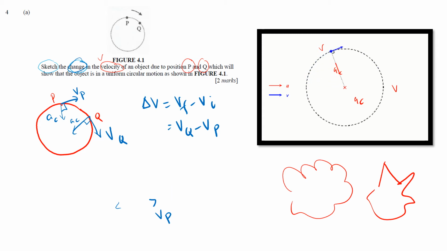My triangle is not very neat. This will become your delta V, which is the shape of delta V. It is only the change, so the change is downward. So delta V is VQ minus VP. This is how to answer this question.